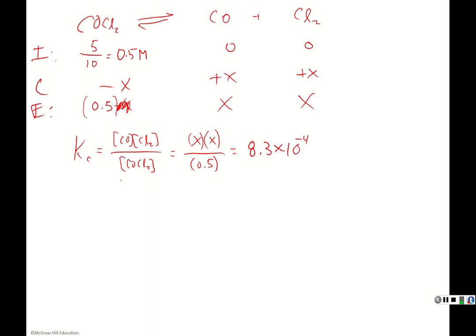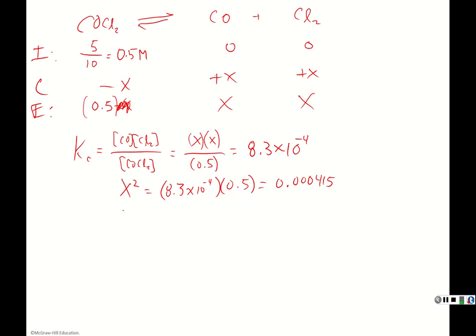And we know we're given the equilibrium constant at 8.3 times 10 to the minus 4. So now we can solve for X. X squared equals 8.3 times 10 to the negative 4 multiplied by 0.5. So that's going to equal 0.000415.